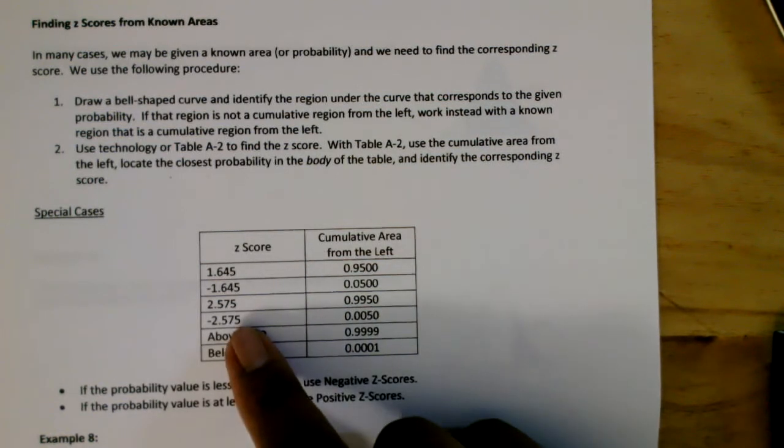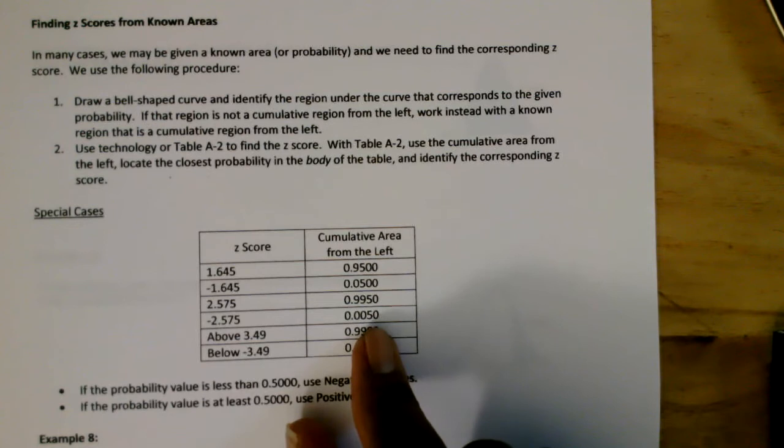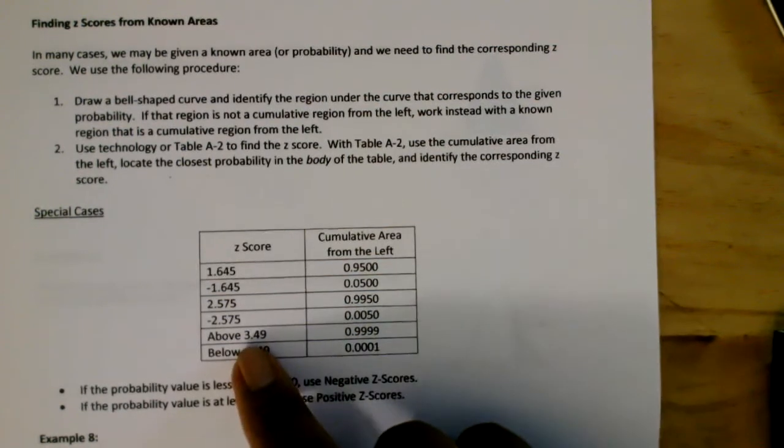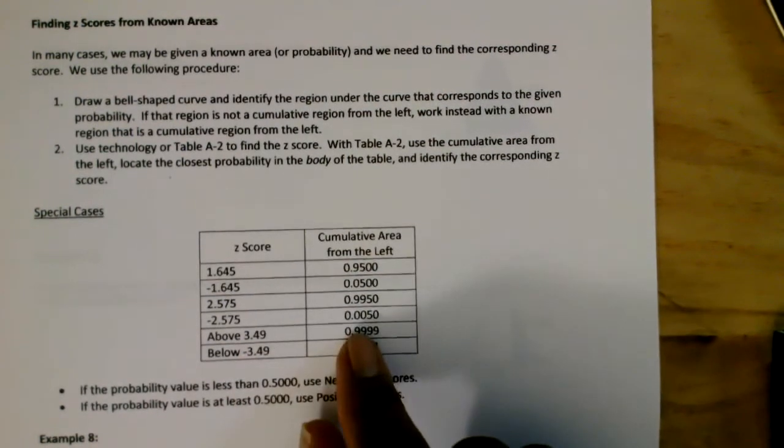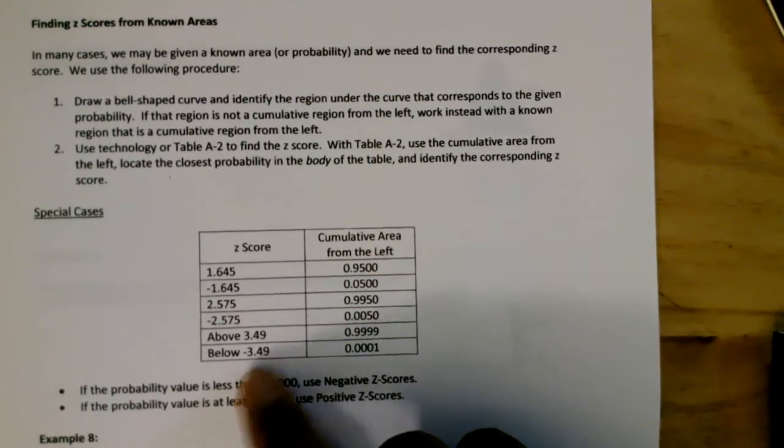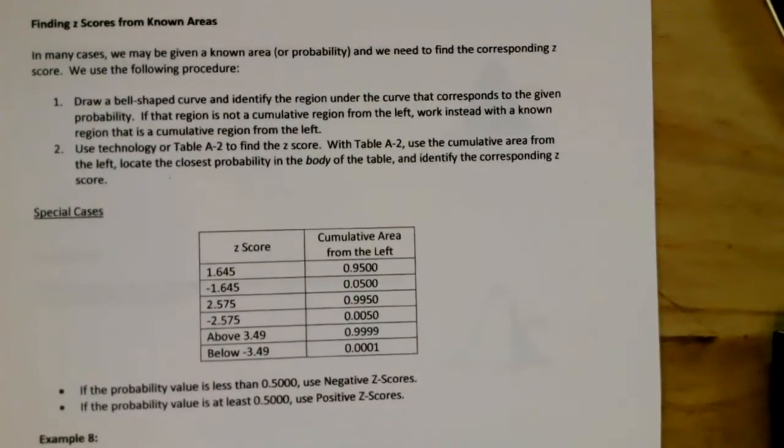And negative 2.575 would give you a cumulative area from the left of 0.0050. Now, anything above 3.49, the cumulative area from the left would be automatically 0.9999, and below negative 3.49, the cumulative area from the left would be 0.0001.